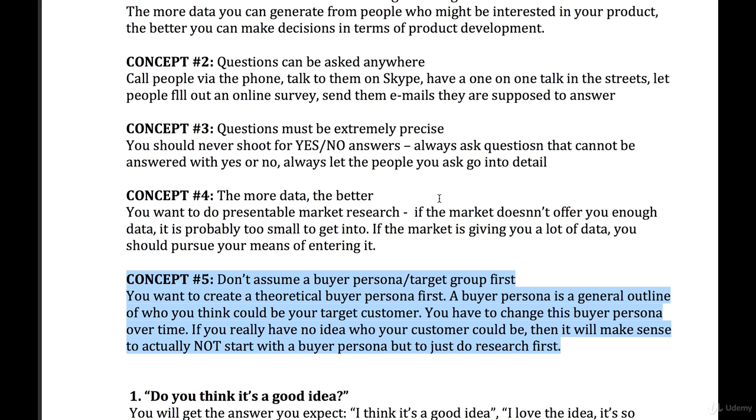So it's all about first thinking about who could be the customer, then going out into the world, asking people, and checking back: was my buyer persona correct? And before you launch your product, before you even start building it, or if you already sold your product and it's a final product, then think about how you can shape this product so that your target group will buy it from you.